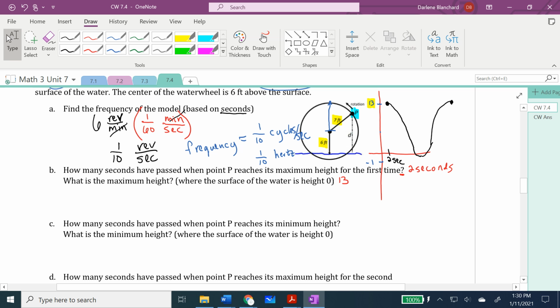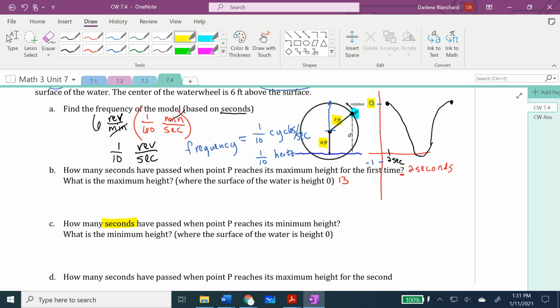So we want to know, hold on, I just lost my place and I need to underline so I don't lose my place of where I'm looking. I'm asking seconds to reach the minimum height. What do you guys think? Do you think you have an answer?